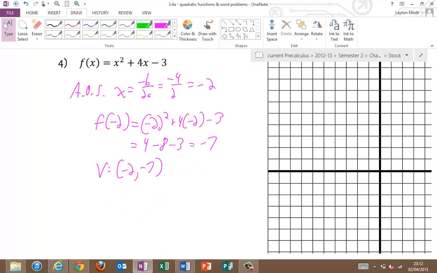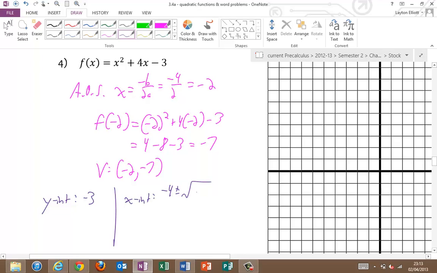And my axis of symmetry is x equals negative 2, and this is an upward parabola. If I just go ahead and then find my y-intercept, my y-intercept would be negative 3. If I just look at the original equation, my x-intercepts, if I'm using the quadratic formula here, I might as well just go ahead and finish it.